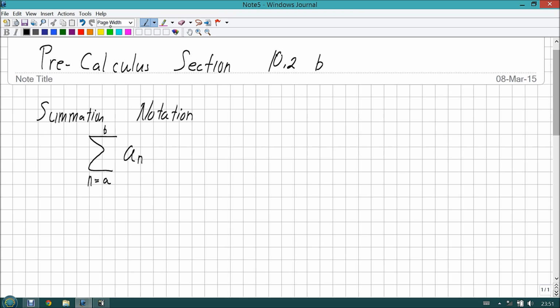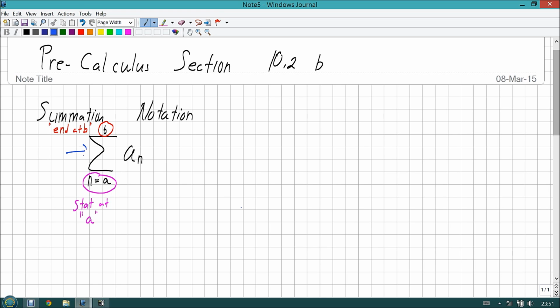And what we need to know is what each piece means. This portion means start at A. Usually we start at 1 or 0, but there are some cases where you would start somewhere else. Then we have the piece up here, which is the end point, which means that we end at B.